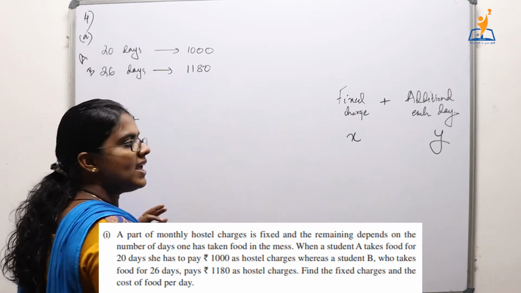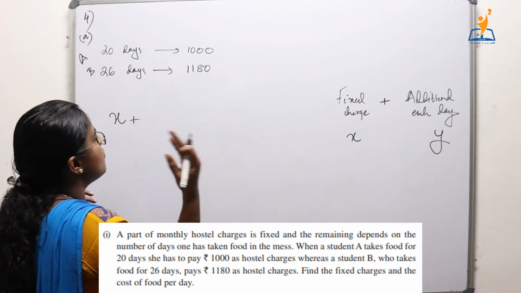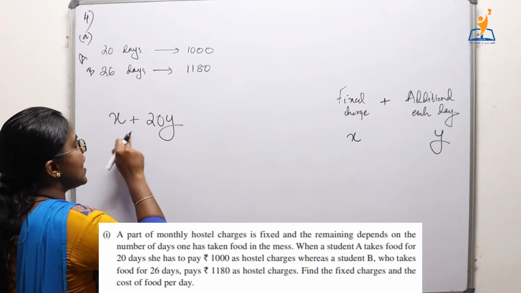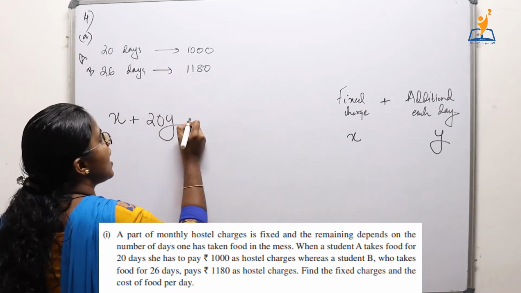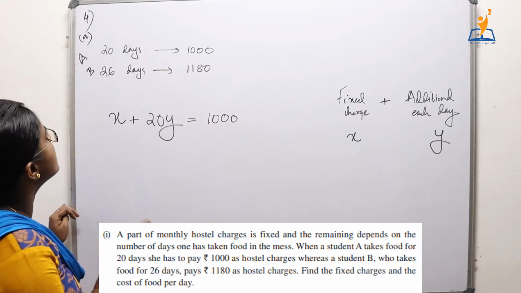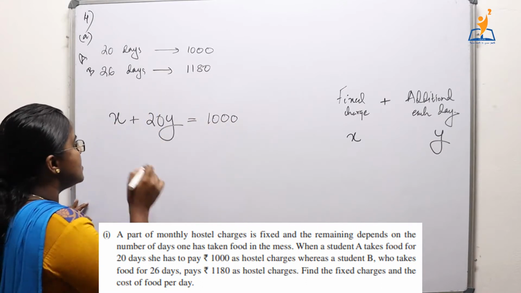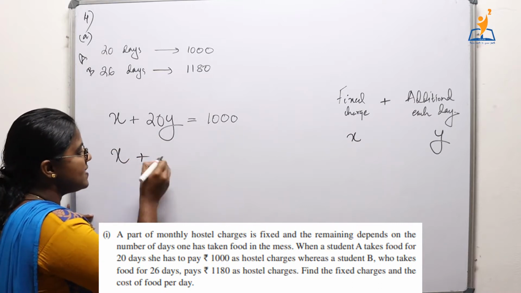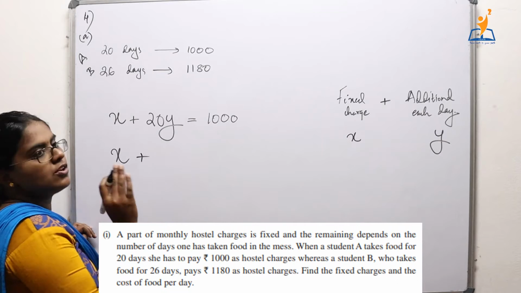So for one day she has to pay Y rupees. So for 20 days she has to pay 20Y rupees. So X plus 20Y is given as rupees 1000. What about student B? Student B was there for 26 days. She also has to pay the fixed charge plus the charge for food for 26 days.